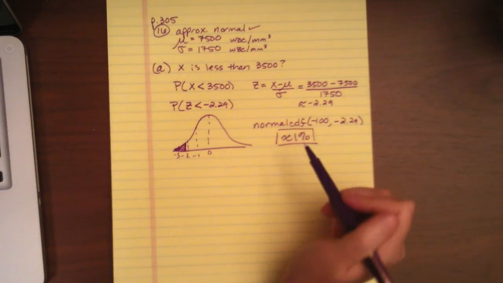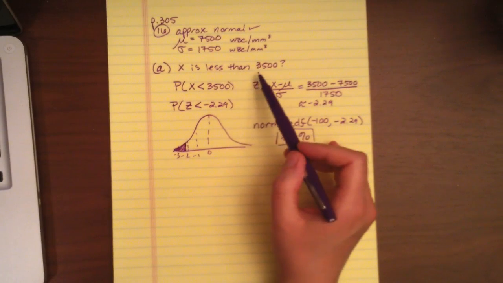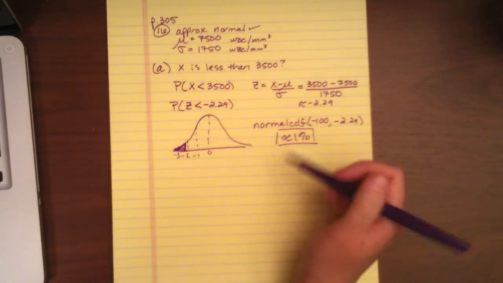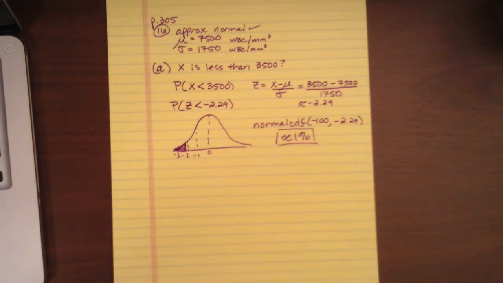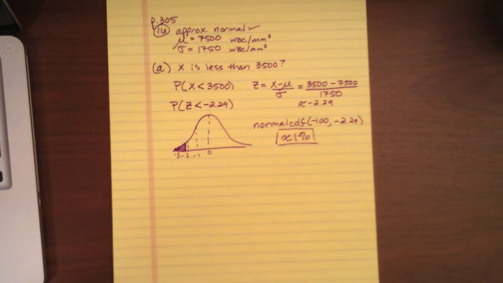So on a single test, the likelihood that somebody has a white blood cell count that's less than 3,500 purely by chance is a very low probability. It's only about 1% of the time that that would happen. So normally then, if you had a single test that was less than 3,500, we would say, okay, there's probably something going on. You probably have some kind of infection.